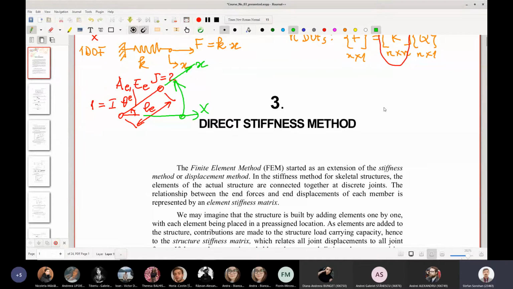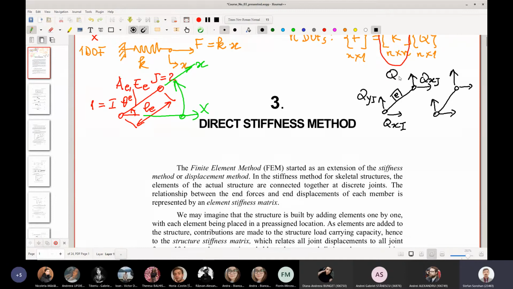So let's consider this generic element E. We can take here the nodal displacements, and also the nodal forces. So this one will be Qx for node I, Qy for node I.